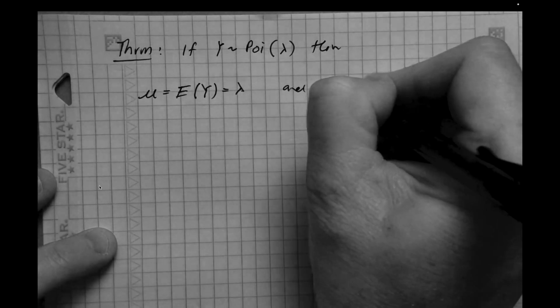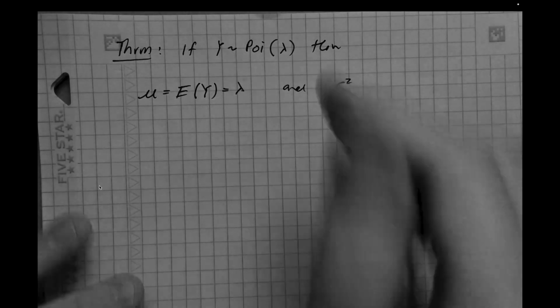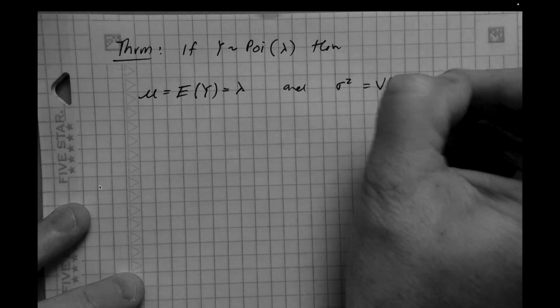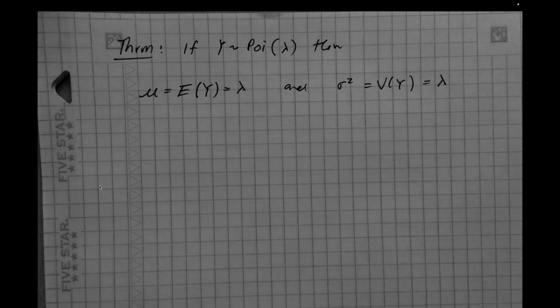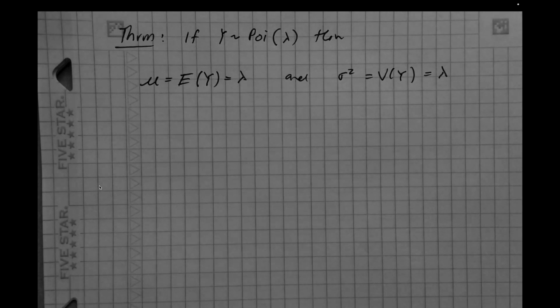And the variance is equal to lambda as well. Okay, very nice. Those are the kinds of means and variances we like to see, where they just equal the parameter. Isn't that nice?